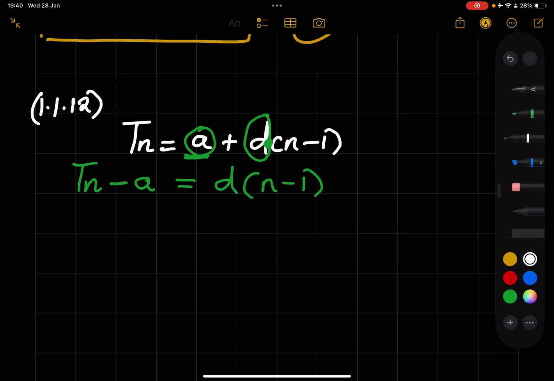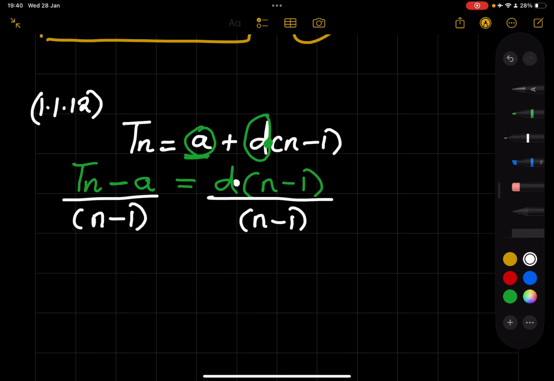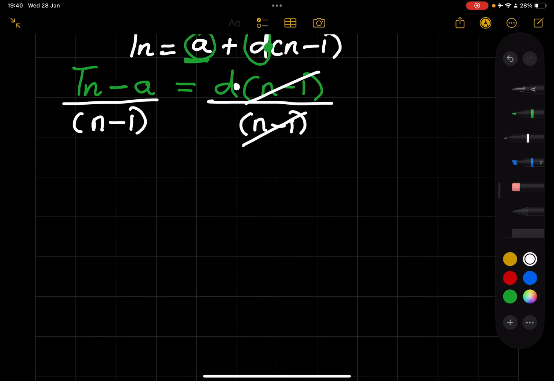All right? And then from there, we want to remove n minus 1. N minus 1 is multiplying at the moment, so it must divide to be neutralized. So we divide both sides by n minus 1, and on the right it is going to cancel out.